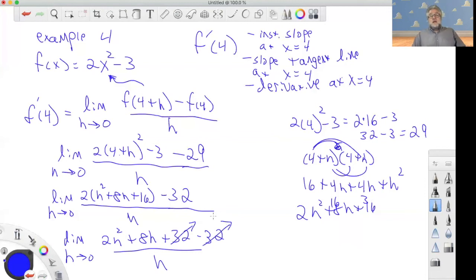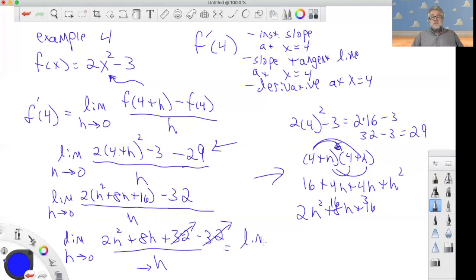If they don't cancel, then you did something wrong, because I need to be able to factor an h out of the top and the bottom to make this one go away. And I can't do that if these numbers are still there. So if these don't cancel out, you did something wrong over here, or you did something wrong over here, or you got up in the morning and you should have stayed in bed. One or the other. So those have to cancel.